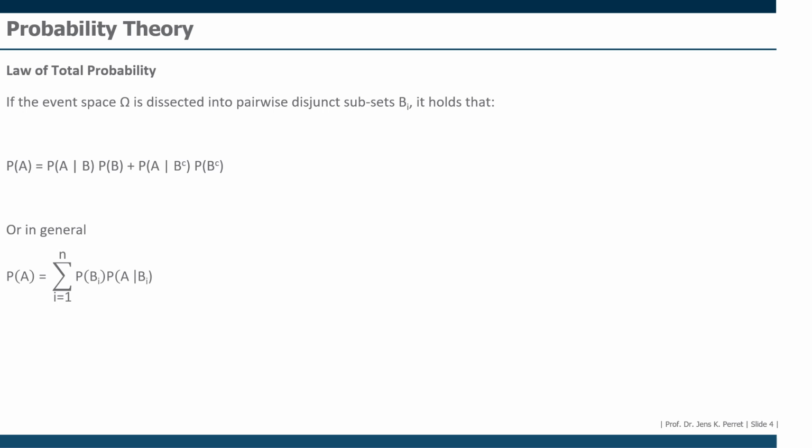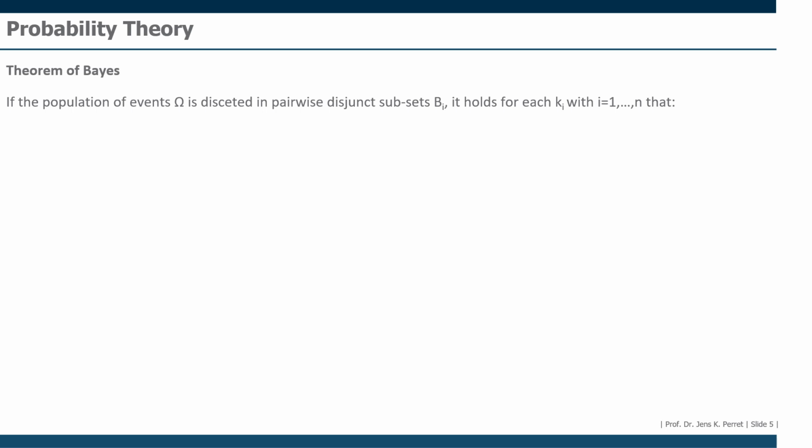So we have one more to go. That's the so-called theorem of Bayes. Again, we consider that our event space is made up of pairwise disjunct subsets B_i, which make up the whole event space.